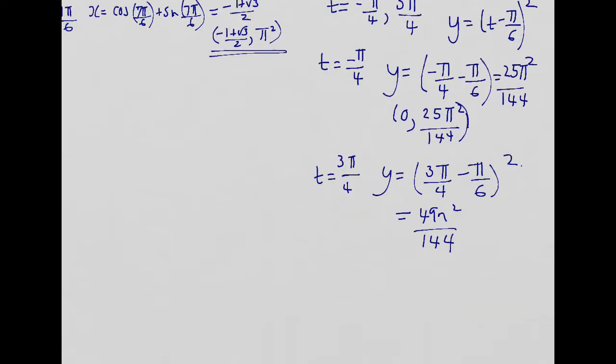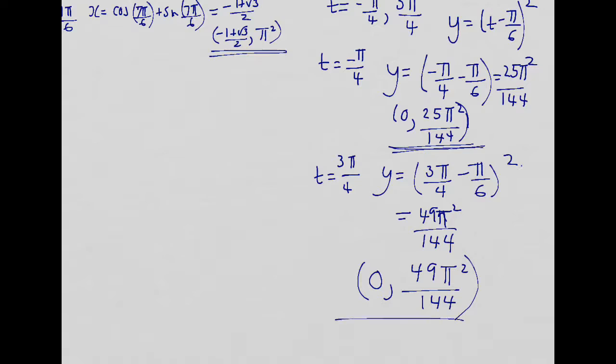So the coordinate, oh, that's my last answer, 0, 49. That looked like an n, and it should be a pi. I think I even said n, that's why I did it. There we go. There's our two coordinates, and that's that question answered as well.